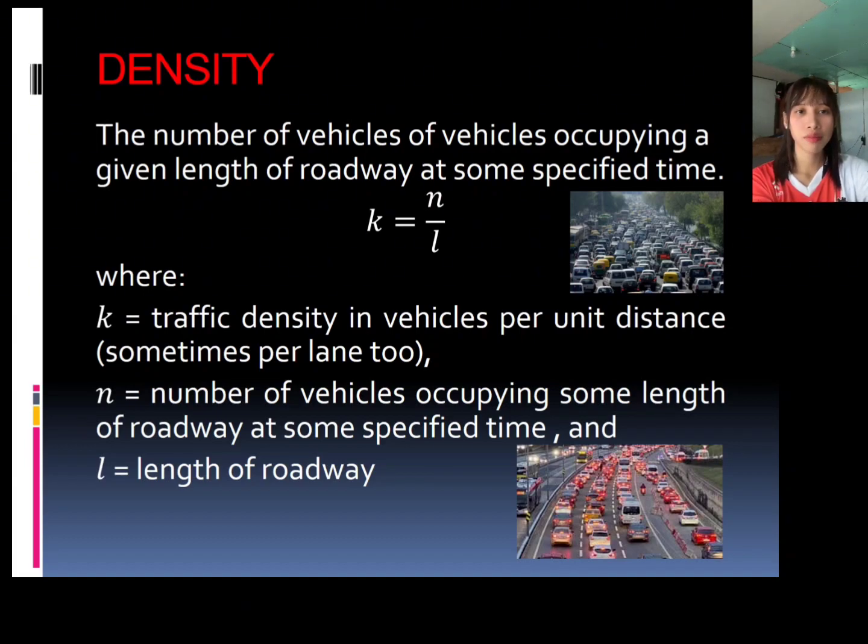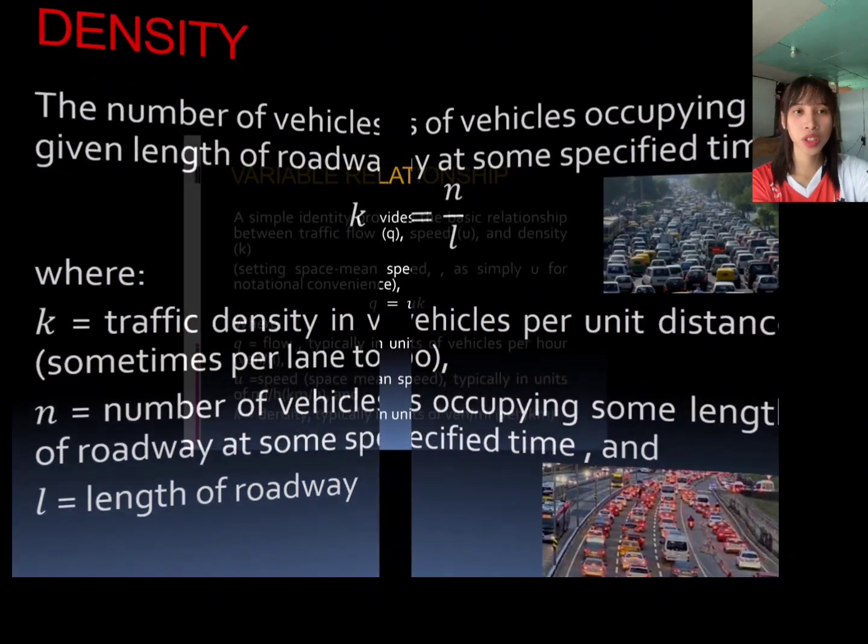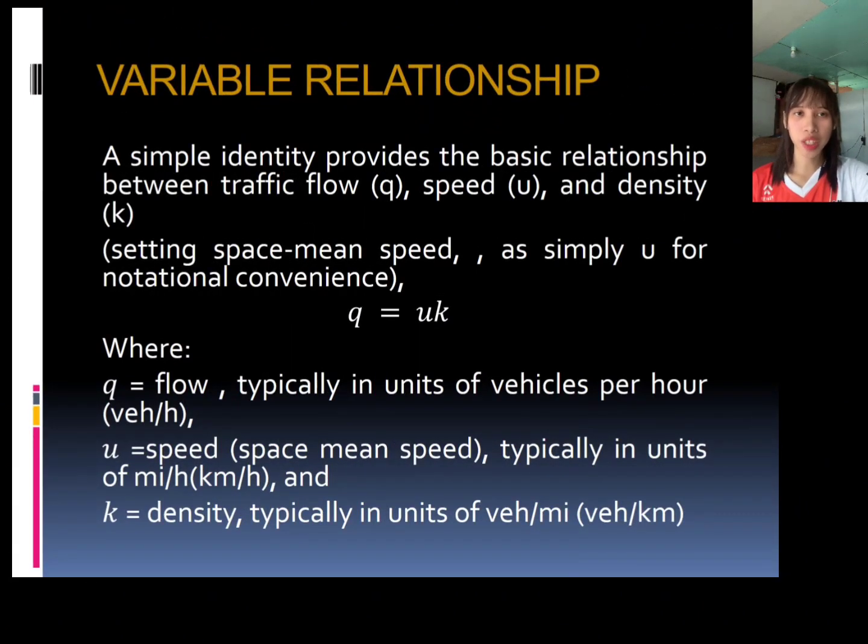Moving on, let's proceed to the variable relationship. It is a simple identity that provides the basic relationship between the traffic flow, the speed, and the density, setting space mean speed as simply U for notational convenience.